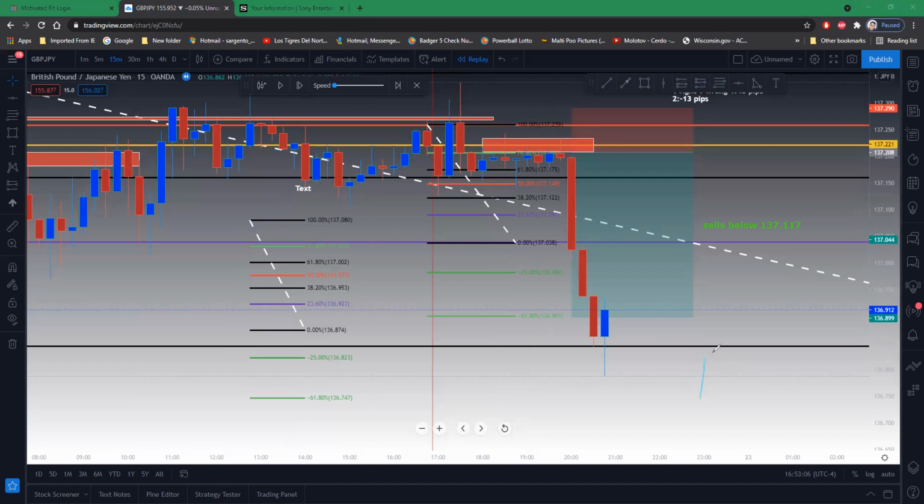So let's just say this one here, previous low, big volume candle, that breaks above a previous bearish candle. So let's say this was a bearish candle right here.